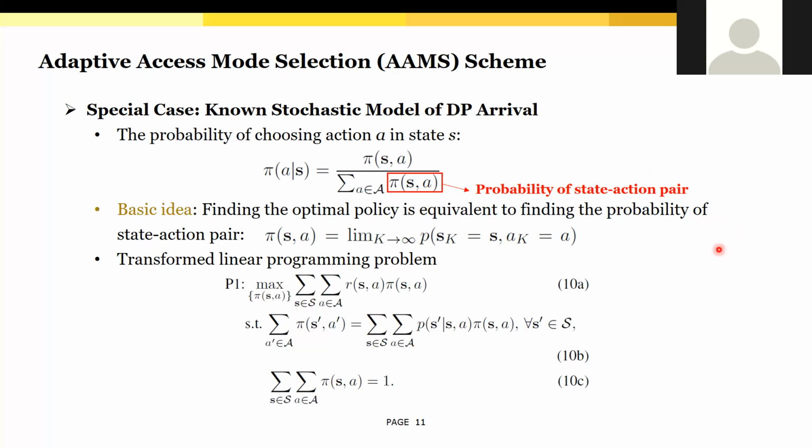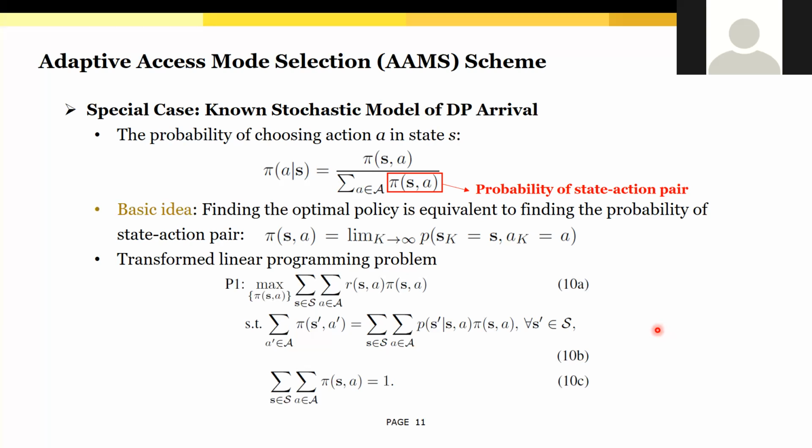As a result, we can transform the original problem into the following linear programming problem. The constraint B is the global balance equation of the steady state probabilities, and the constraint C is that the sum of all probabilities of the state action pairs equals 1. So this problem is linear programming, which can be solved by many different algorithms like the branch and bound algorithm or some conventional existing CVX solver in polynomial time complexity.